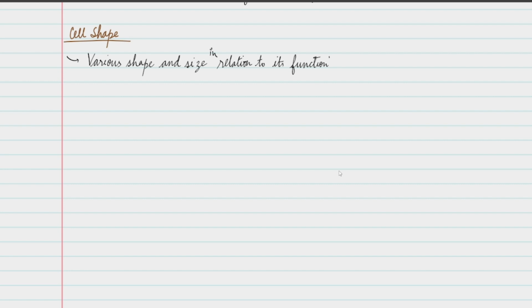For example, amoeba doesn't have a fixed shape. It can change its shape. Leukocytes, the macrophages in our body, are a type of WBCs found in our blood. They can change shape. Whereas the other cells in our body, like nerve cells, have a fixed shape.